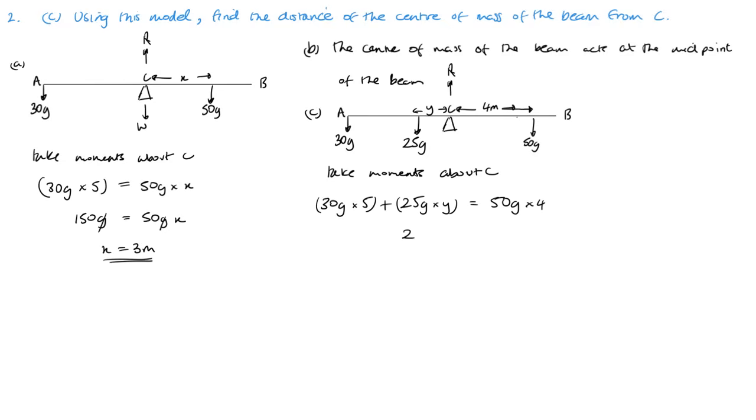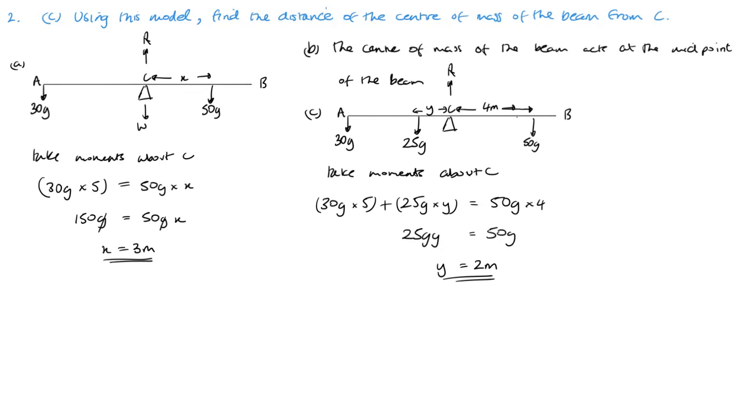So that will mean that 25gY will be equal to, so this is 200 and this is 150, so that will mean it's 50g. So Y equals 50g divided by 25g, Y will be equal to 2 meters.